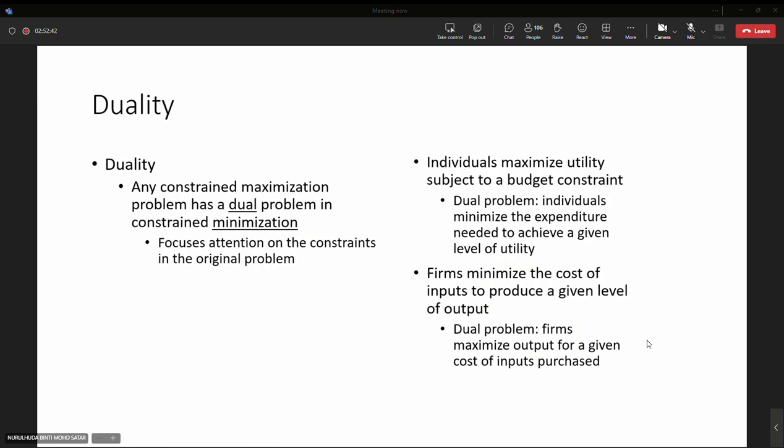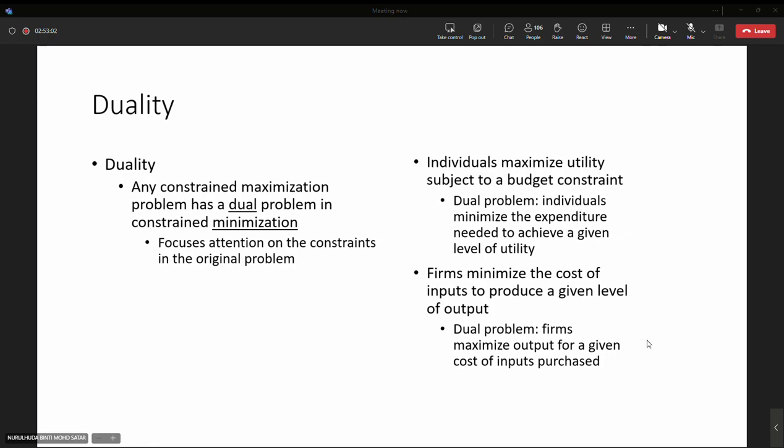In the constrained minimization, the focus is on the constraint. The constraint becomes the objective function, and the objective function from the maximization becomes the constraint.